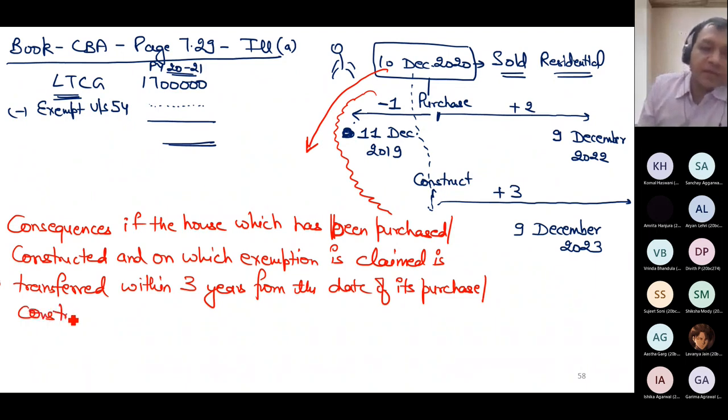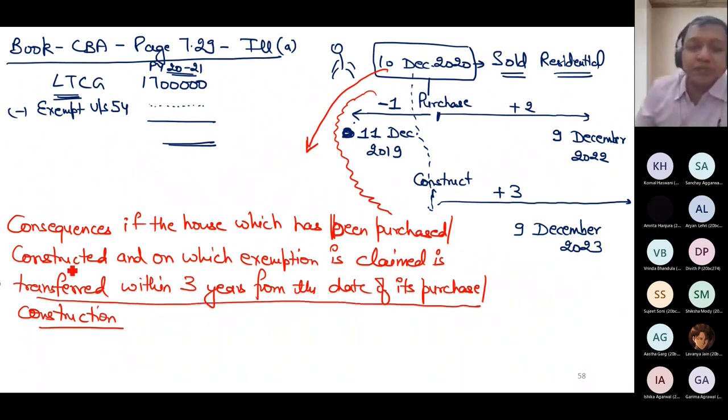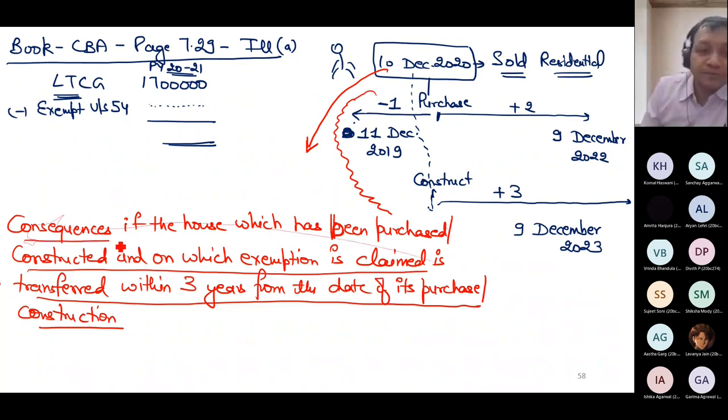You should not sell this house within 3 years. If you do so, there will be penalties on you.